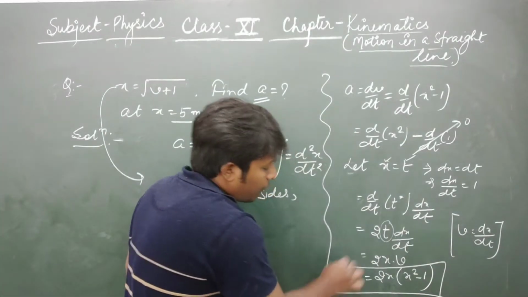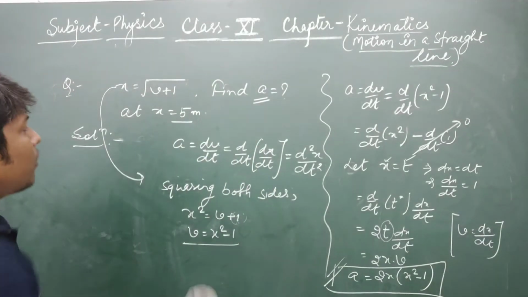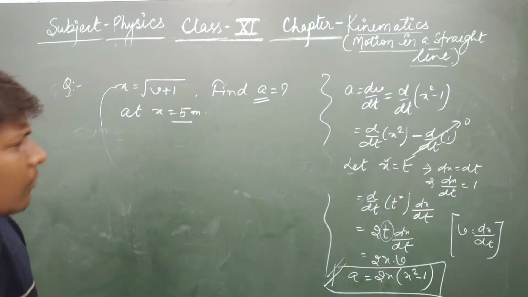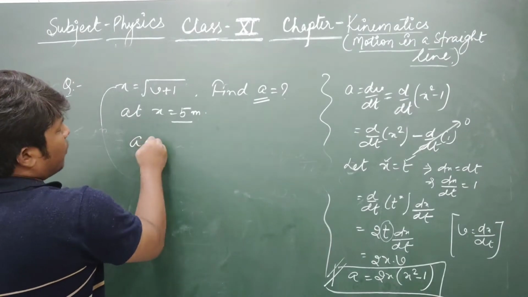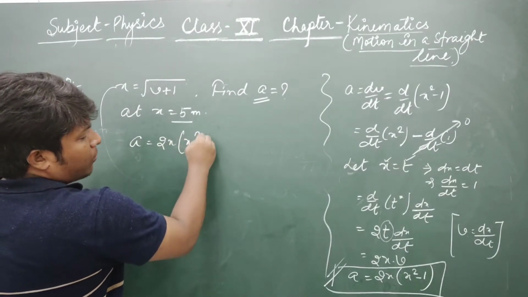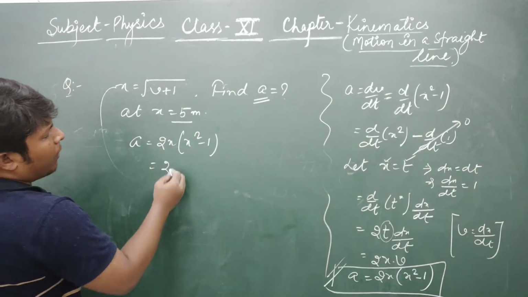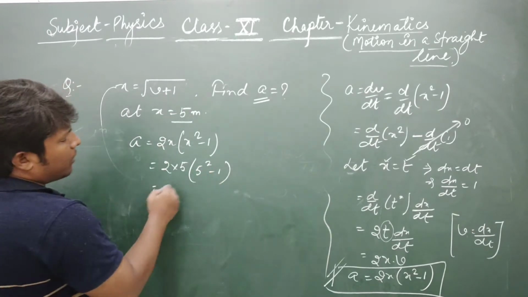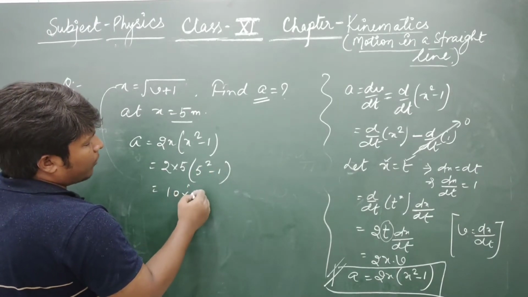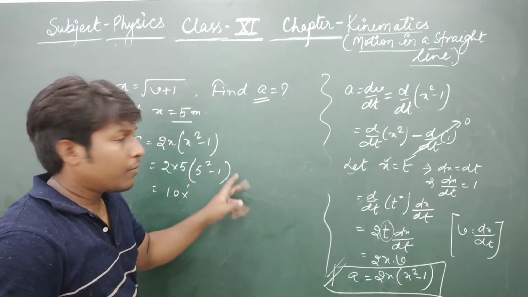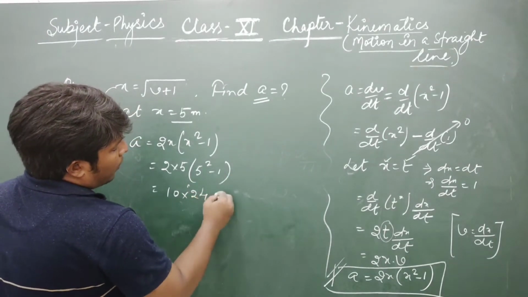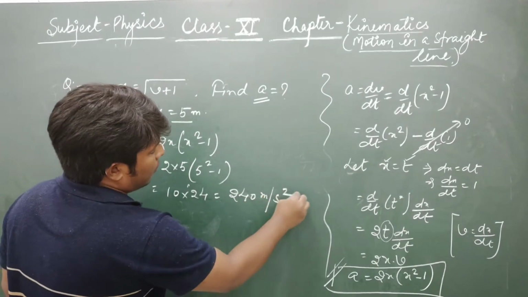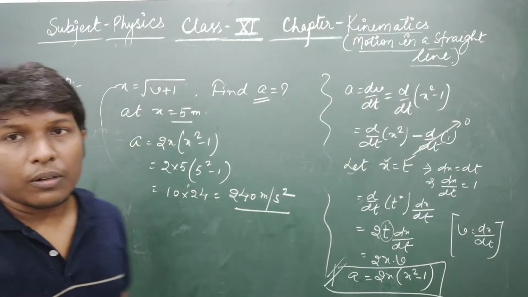Now you have the final expression for a, so put the value of x in that expression. a is equal to 2x into x square minus 1, so 2 into 5 into 5 square minus 1, that is 10 into 25 minus 1, that is 10 into 24, and that is 240 meter per second square. So this is your answer.